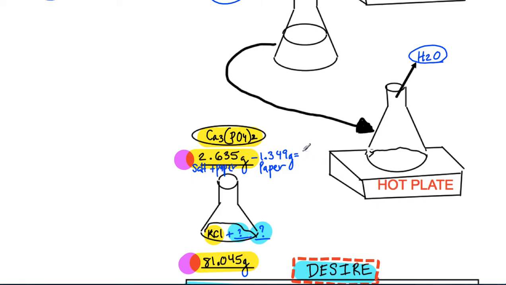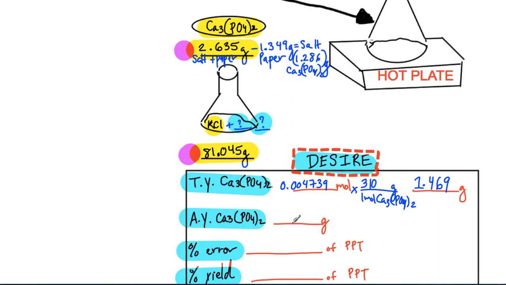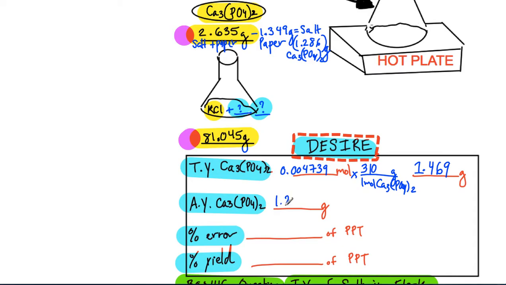So that will give you the salt, right? And so the mass of your salt in grams is the actual yield is 1.286 grams. 1.286 grams of what? Of calcium phosphate. Okay. So that's your actual yield. So now you can find down here, you can go 1.286 grams. That was just a simple subtraction.